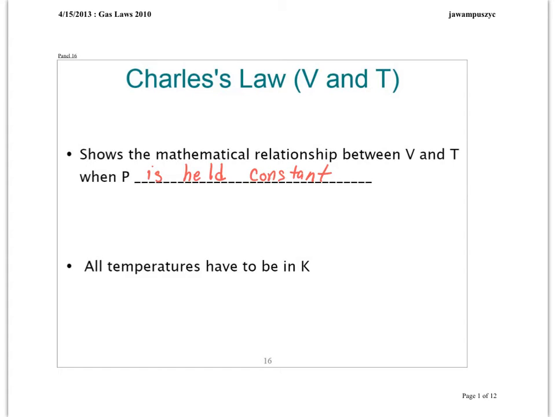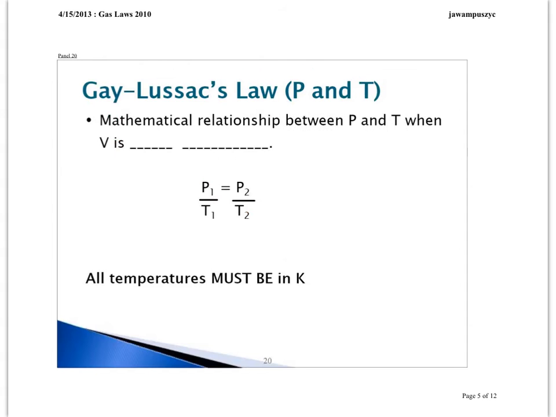And of course, a gentle reminder that anything we do with temperatures in these mathematical problems must be in Kelvin. So if they're given to you in degrees Celsius, they're going to have to be converted into Kelvin first. And finally, the relationship between pressure and temperature when volume is held constant. And again, Celsius temperatures will have to be converted into Kelvin.